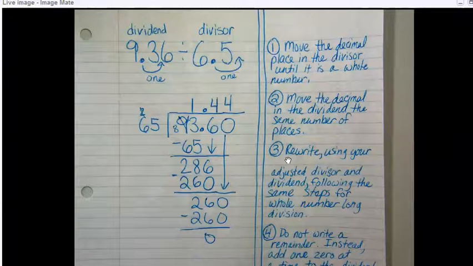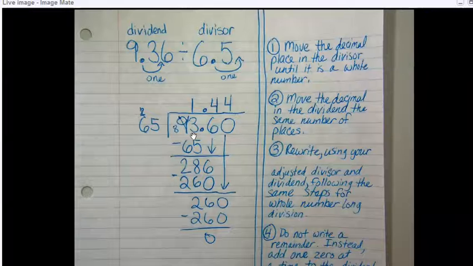Then rewrite using your adjusted divisor and dividend, following the same steps for whole number division. And so then we take this and put it this way so we can divide. So now we have 93.6 divided by 65.